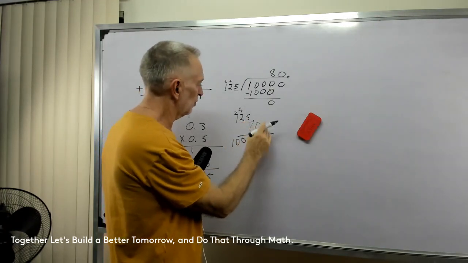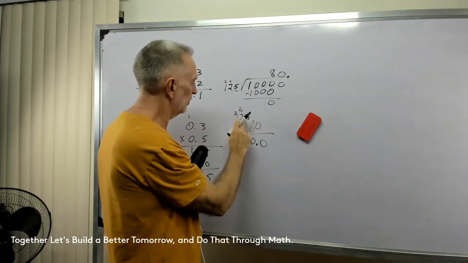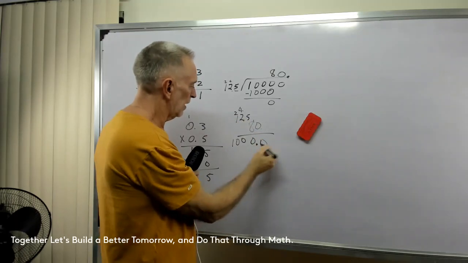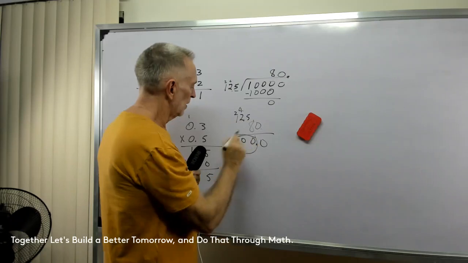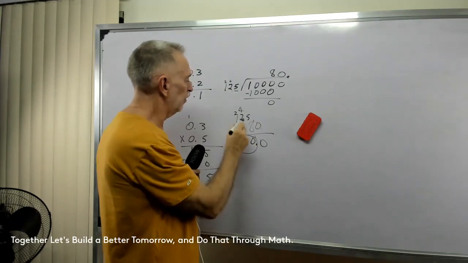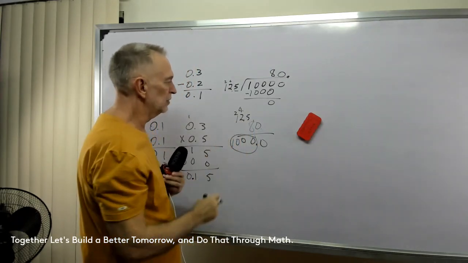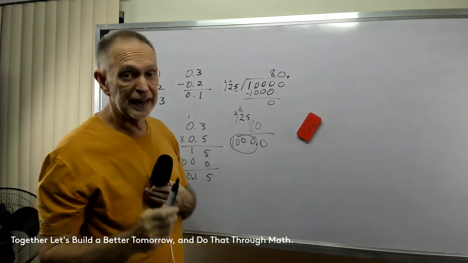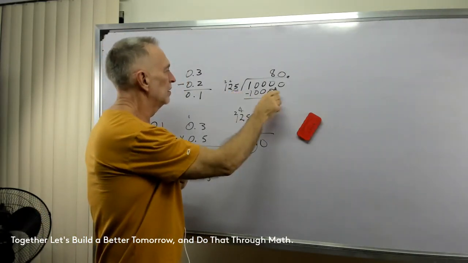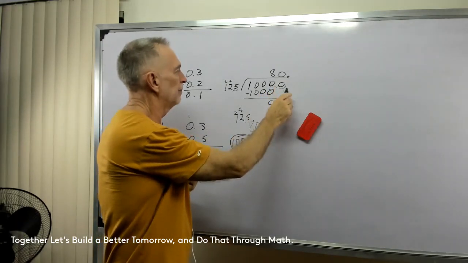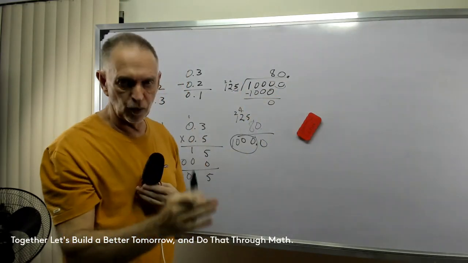My decimal's over here, so I don't have any digits over there, but I have one. Count right to left, one digit, so that's 10,000. So 12.5 times 80 is 10,000. And we got that by moving our decimal point here, moving it to here, and keeping it in good order.